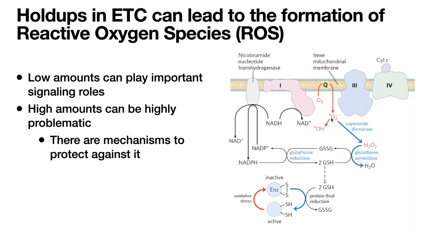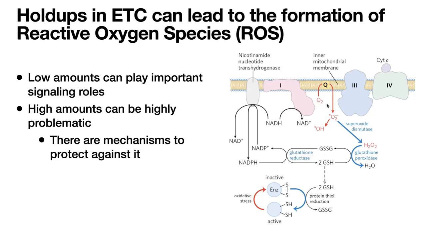In order to prevent it from causing damage, our cells have different enzymes that can counteract the oxidative stress. So we've got superoxide dismutase. We've got glutathione peroxidase. We have ways to take care of it. And it turns out that a little bit of reactive oxygen species can play an important role in telling your body we've got low amounts of oxygen.